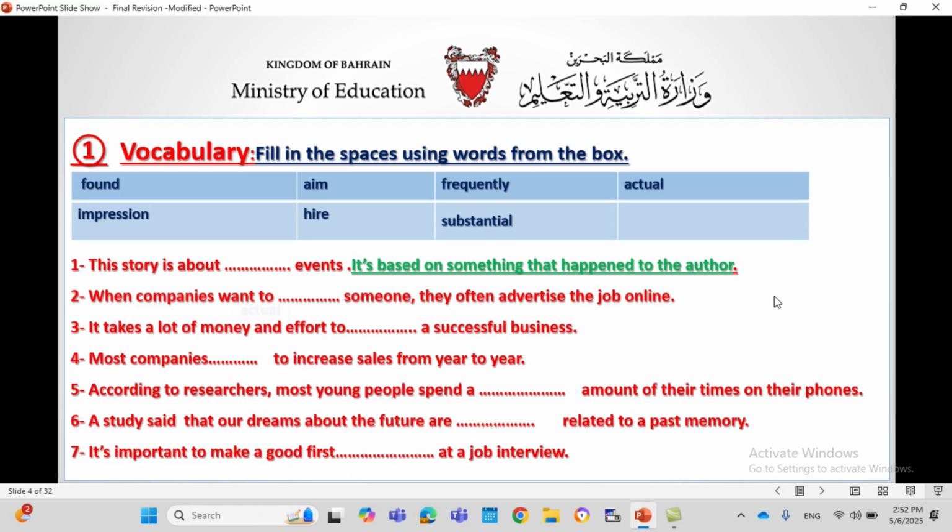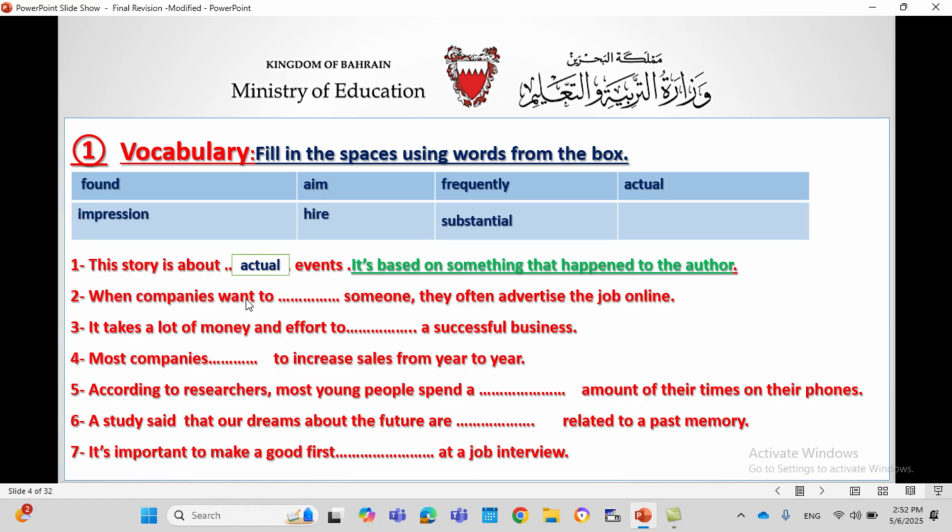The right answer is actual. How do you know? We know that from the second statement, because they said that the story is based on something that happened to the author, means to say that the events in the story were actual.